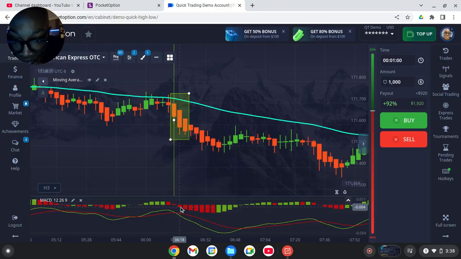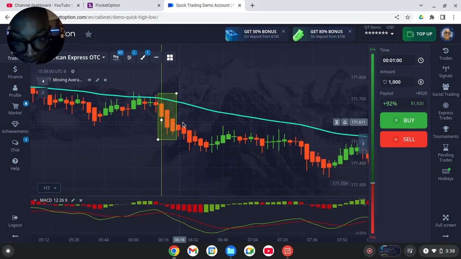Lastly, we have the brick facing down and is also red, helping us understand sellers are in the market. So as this candle was opening, anything from there would have been cleared 1 minute, 2 minute, 30-second. I think anything for the most part would have been cleared on that.